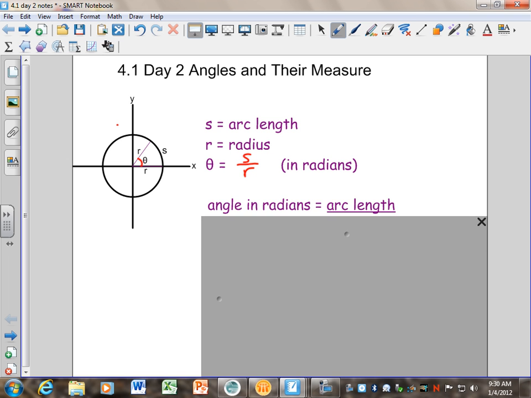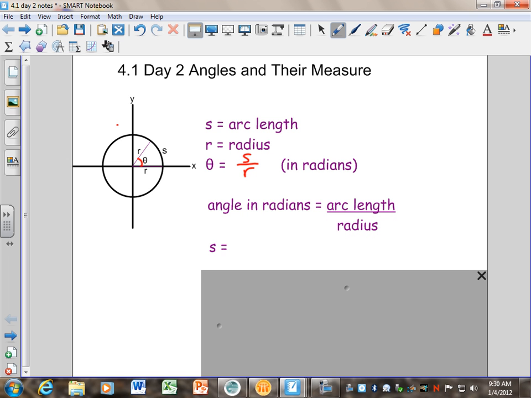So we could say, I kind of said that already. Kind of got ahead of myself. S equals R times theta is what I was really trying to get you to down here. Sorry, this is just this equation written out in words. Theta is the angle in radians equals the arc length divided by the radius. It's feeling extra wordy, I guess, when I wrote these notes.